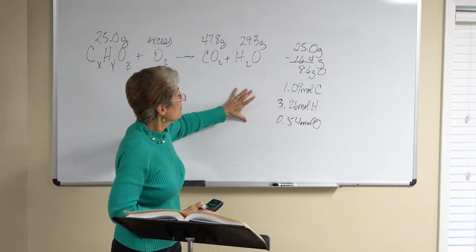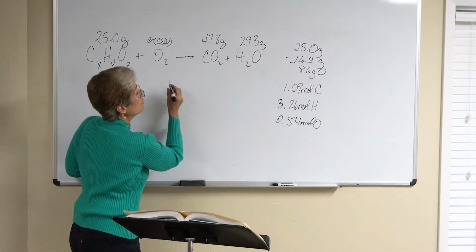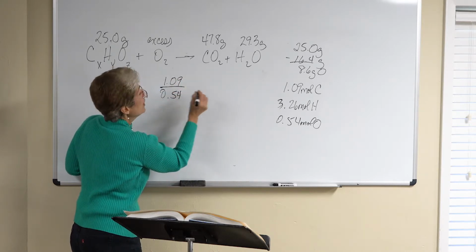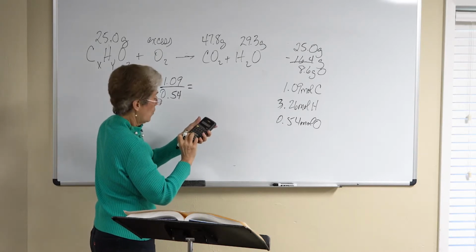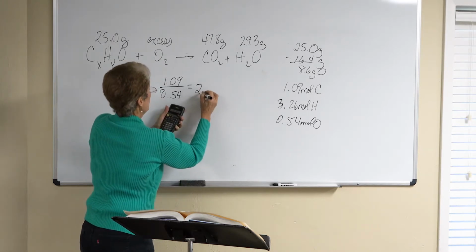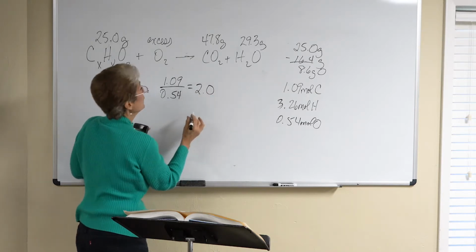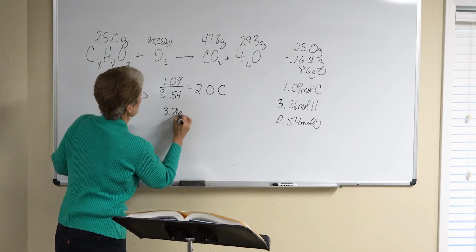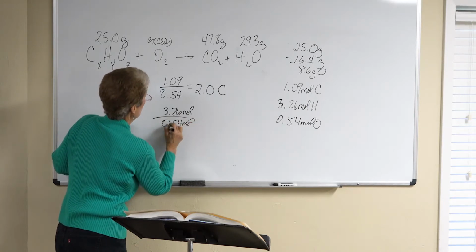So now we have to find the empirical formula. We divide through by whichever one is the smallest. In this case, it's 0.54. So we have 1.09 divided by 0.54, and that gives me, to 2 significant figures, 2.0, and that is carbon. 3.26 moles divided by 0.54 moles. I should have written the moles up here too, guys.